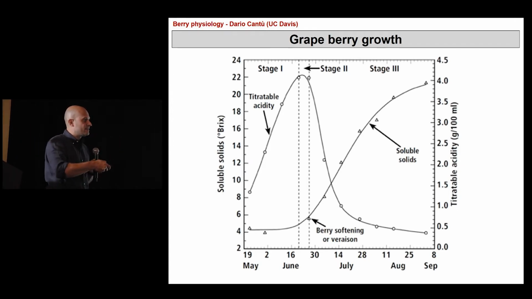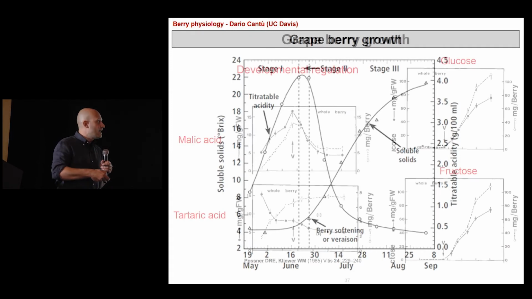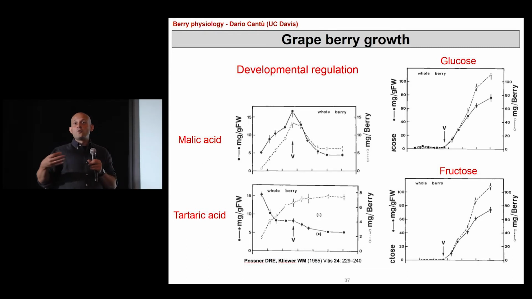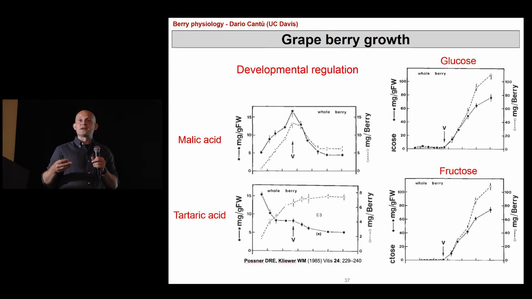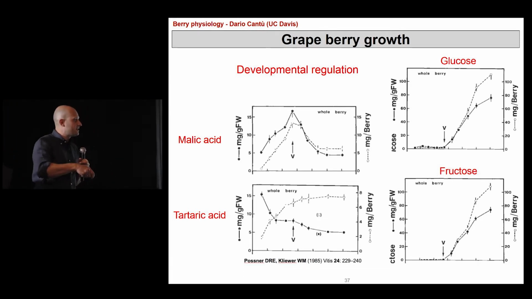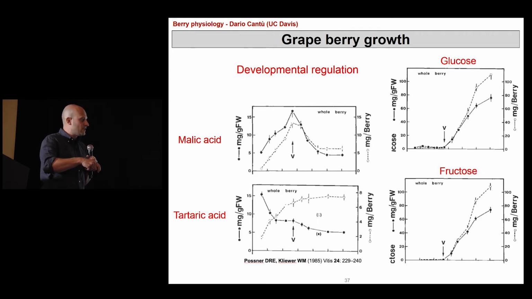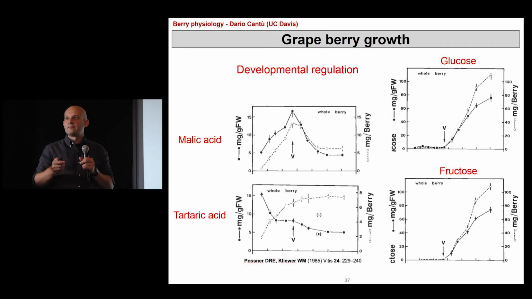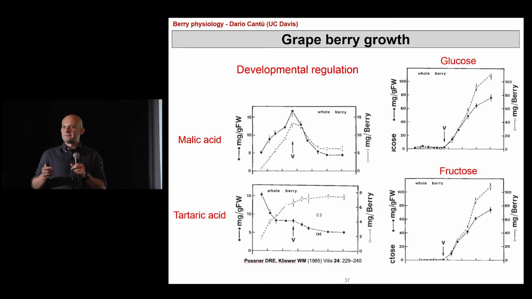So the result is that now acidity declines. At the same time we stop making acids, we start importing sugars from the rest of the vine. Okay, so this increase coincides with the beginning of ripening, of sugar accumulation, of fructose and glucose accumulation. Okay? Still with me? Good.